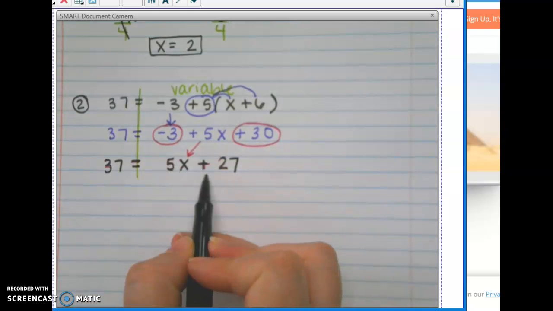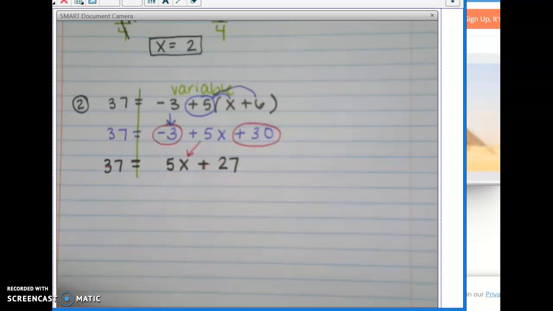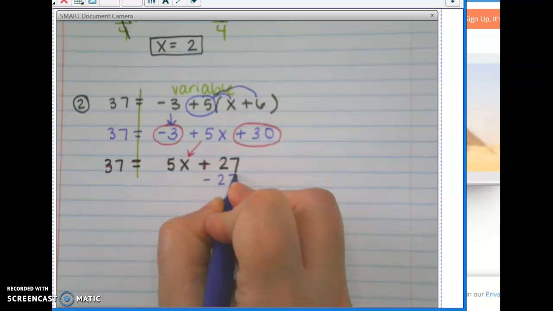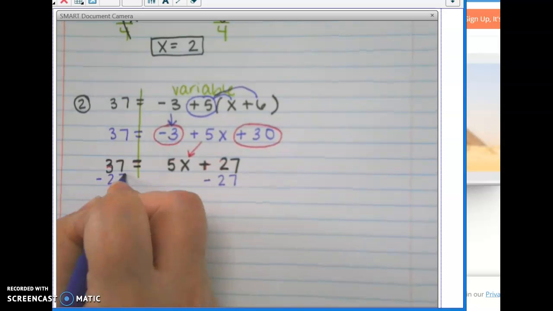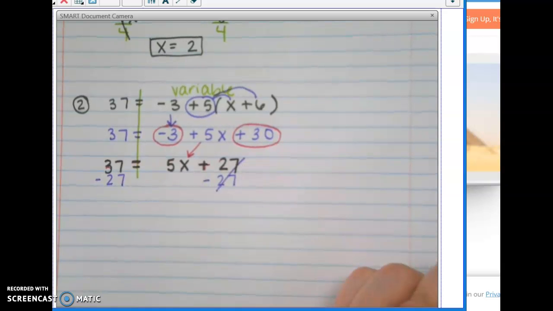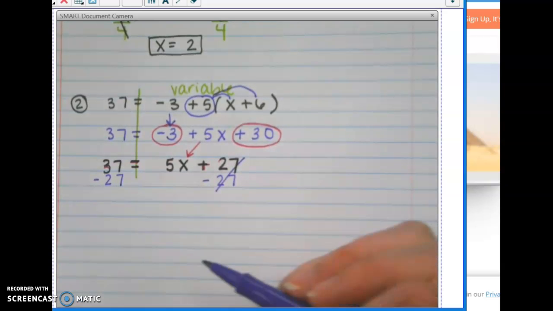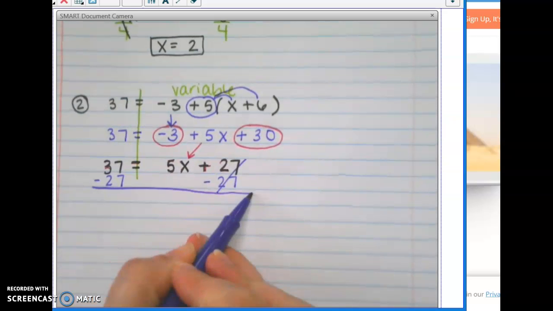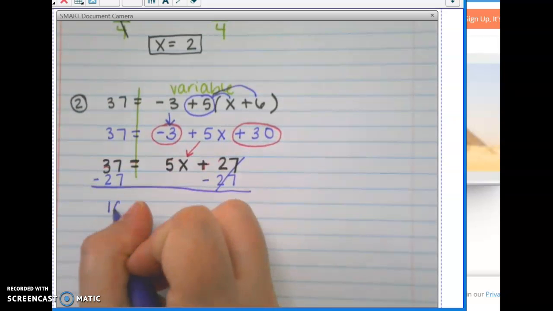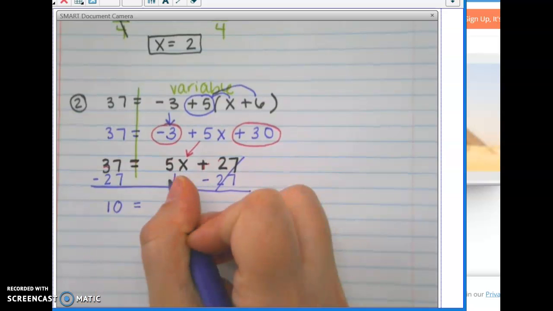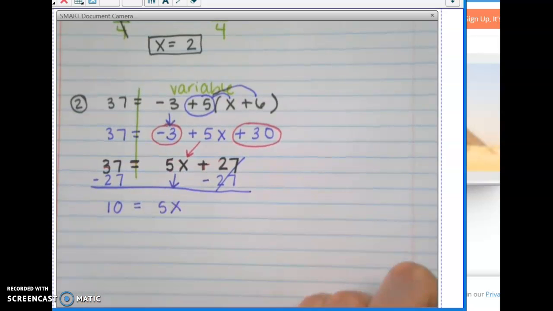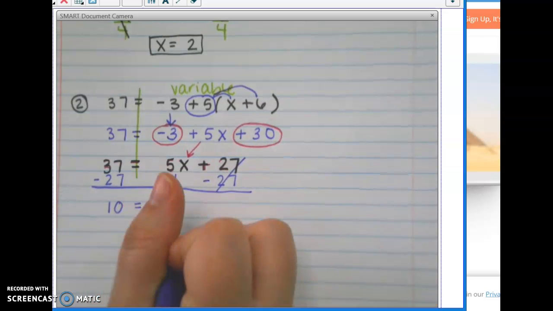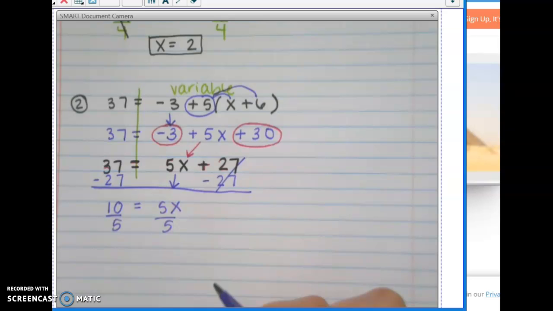So x is still on my variable side. I have to cancel out this plus 27, so I will minus 27 on both sides. That will cancel because 27 minus 27 is 0. I actually have to do what's over here. So 37 take away 27 is 10. And I haven't done anything with my x term yet, so that's still just 5x. And now you divide by whatever is in front of x.